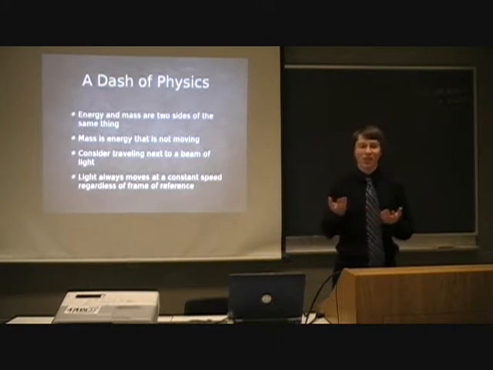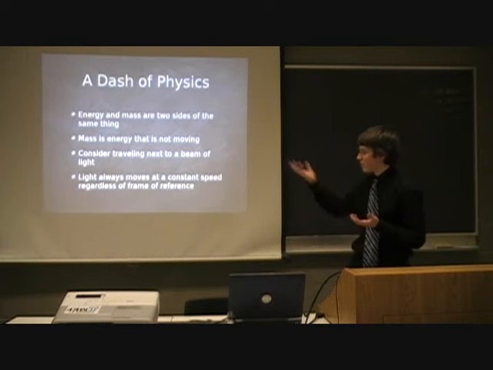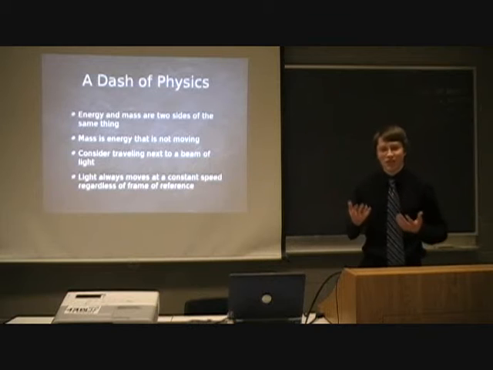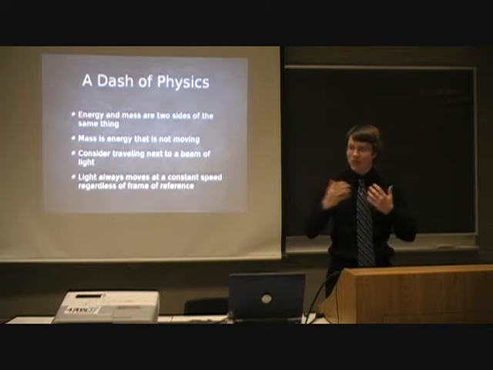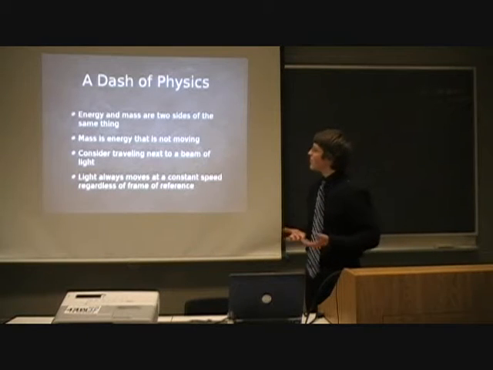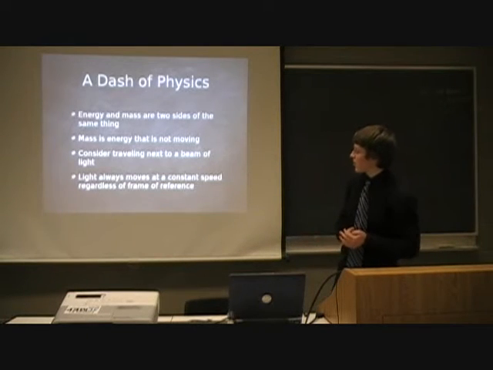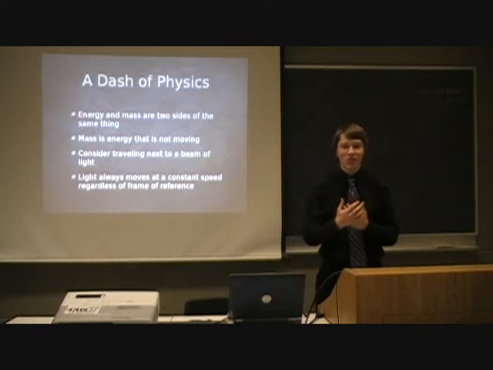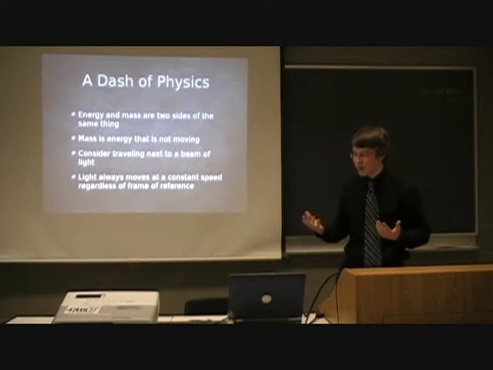But if it's not moving, then it must be mass, because mass is energy that's not moving. So, relative to you, can light ever stop moving? This is sort of what Einstein was tackling, and one of his conclusions is that no, compared to you, light is always going to be moving at the same speed.